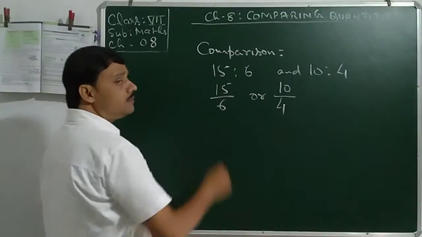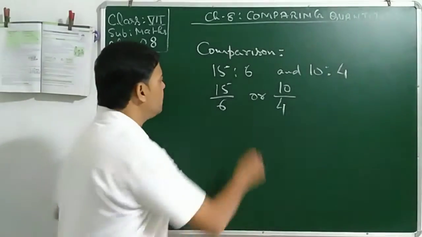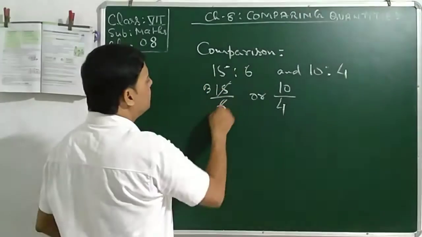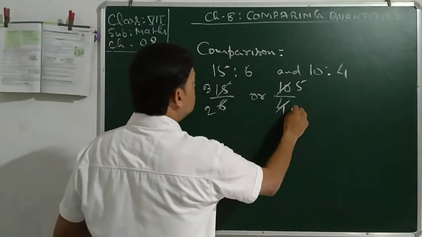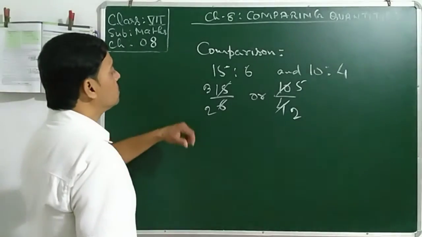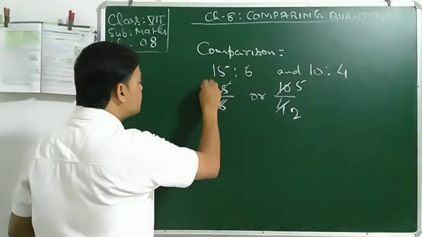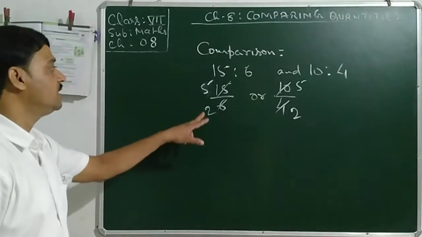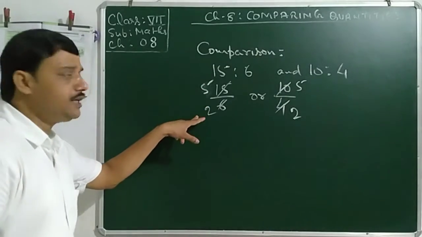See, by simply reducing to the lowest term also you can find it. 5 3s are 15, 5 2s are 6, 2 5s are 10 and 2 2s are 4. By mistake I have written here 3 5s are 15 and 3 2s are 6, though both were divisible by 3, so 5 is to 2.